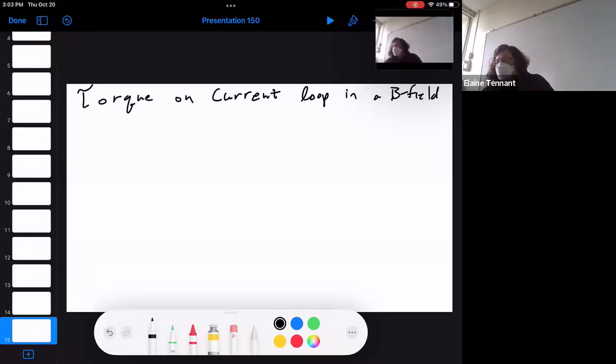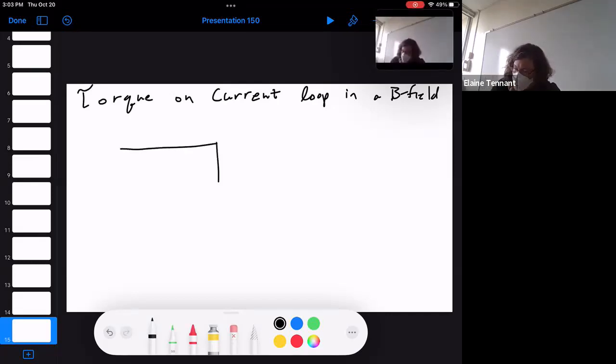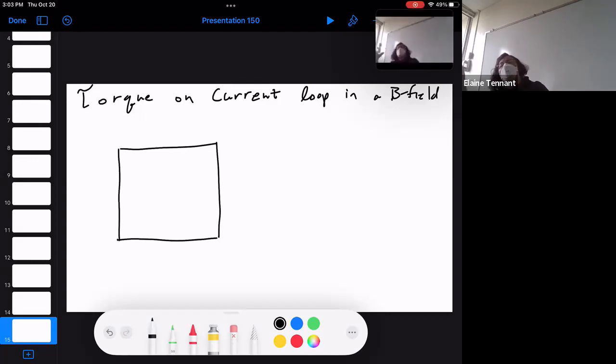Okay, so this problem was hard because we had this whole semicircle thing going. So instead of a semicircle, let's just do a rectangle, because those are easier. It's easy to say this part of the length is perpendicular and this part is parallel, so we don't need to stress over it as much as we did before.